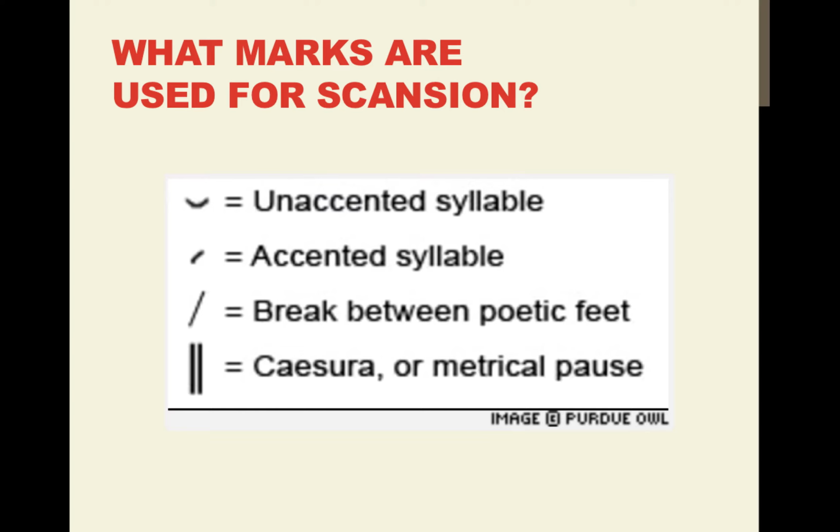And then a caesura, which is also one of your lit terms, number 123, that is a pause in the middle of a line. It's usually created with punctuation, and we're going to see an example of that in the third podcast. But these are the marks that we use for scansion.